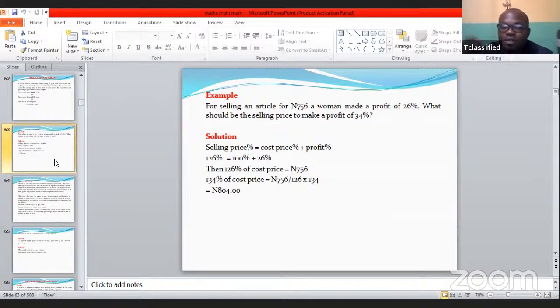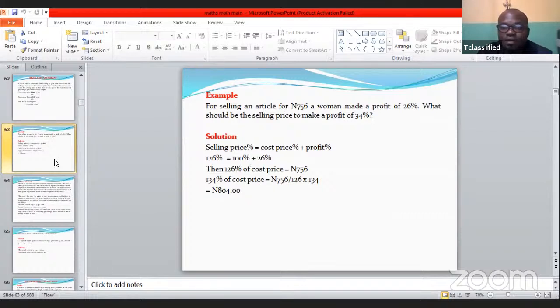So always know that selling price percent is always equal to cost price percent plus profit percent. So selling price percent here is 126, which is equal to cost price percent, which is 100, plus profit percent, which is 26. So then 126% of cost price is equal to 756.